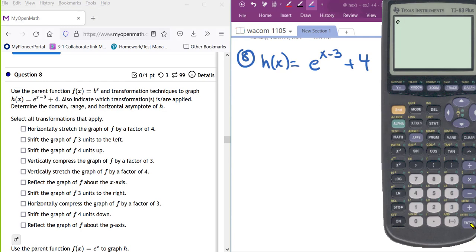So a decimal that goes on and on. And there you go, 2.718.